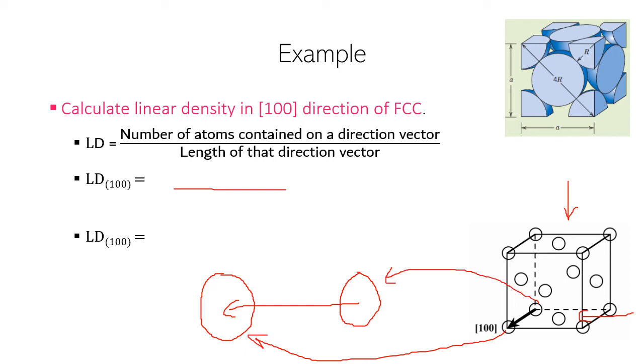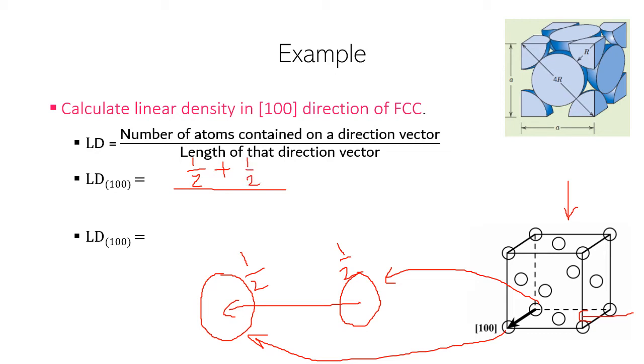Now only half of those atoms is inside this unit cell under consideration, while the other half is shared and contained by the adjoining or neighboring unit cell. So half of this and half of this, so the equivalent number of atoms becomes 1.